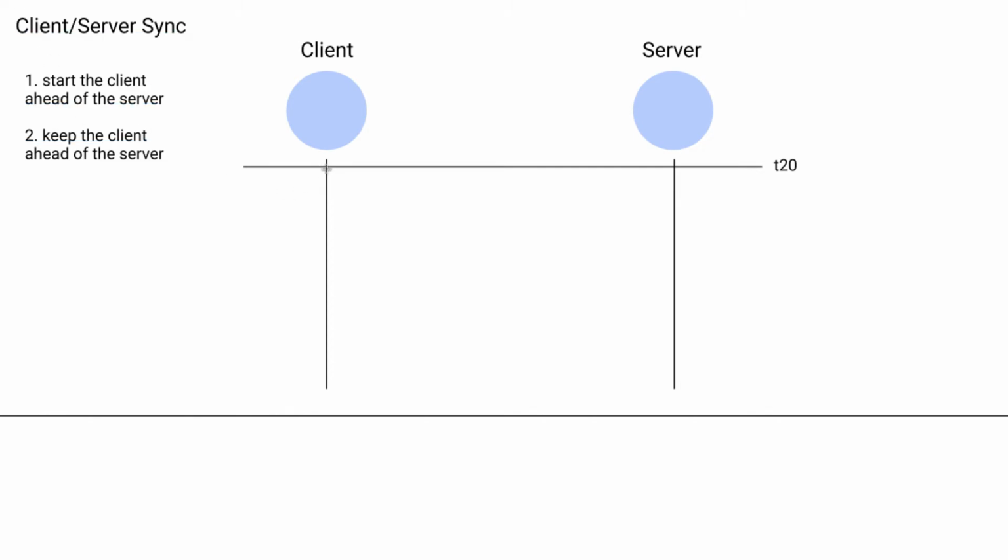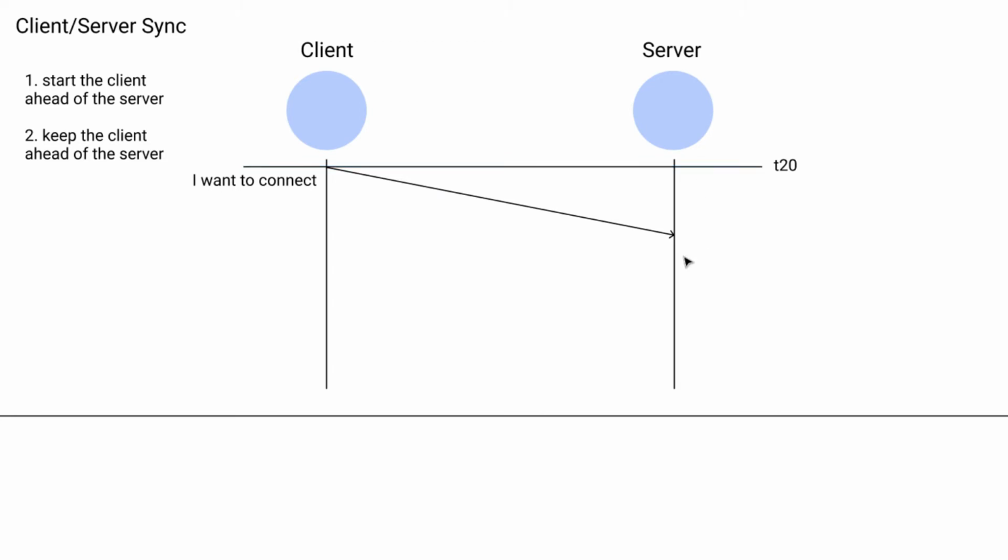Well, the client doesn't have a tick yet because it's not processing the simulation. It hasn't connected yet, but it's going to send a message. And the message it's going to send is, I want to connect. This can either happen through just setting up a TCP socket, or maybe you send a UDP message. However it happens, the client makes it clear to the server that it wants to initiate a connection.